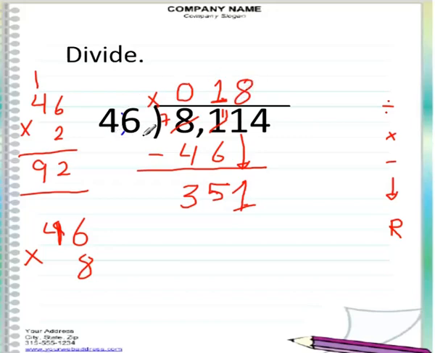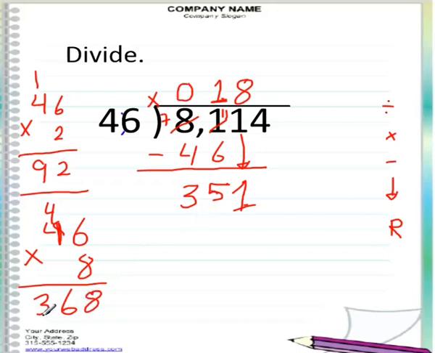So 8 times 46, let us find the answer. 8 times 6 equals 48. 8 times 4 equals 32. 32 plus 4 equals 36. Let us compare the two numbers.